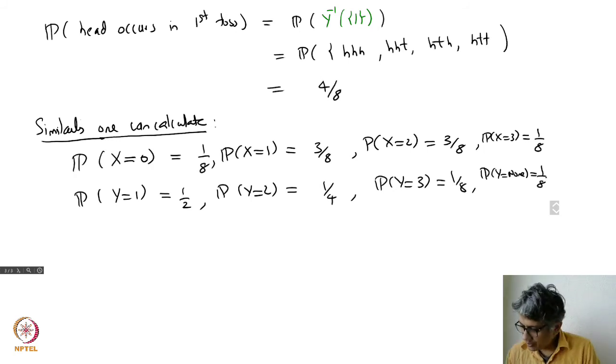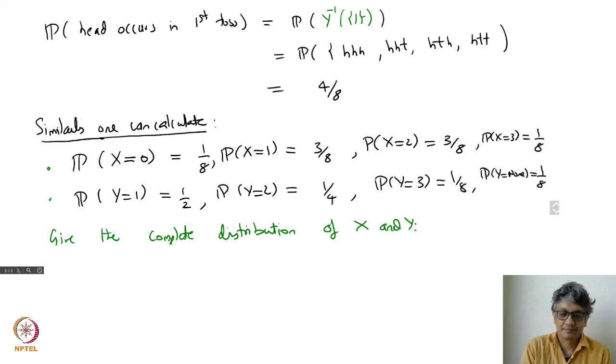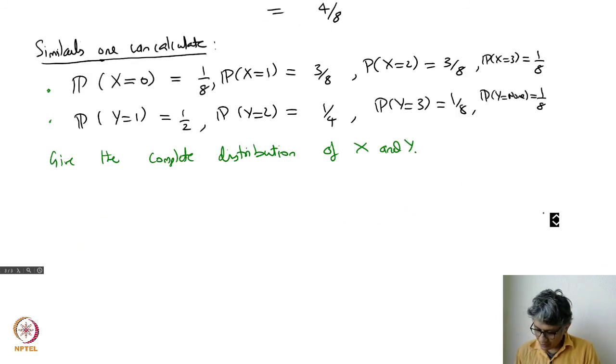What you notice is that these two equations give the complete distribution of x and y. In some sense, what does this line mean?